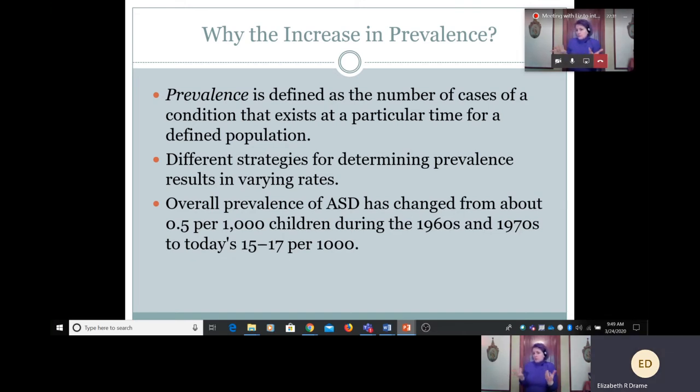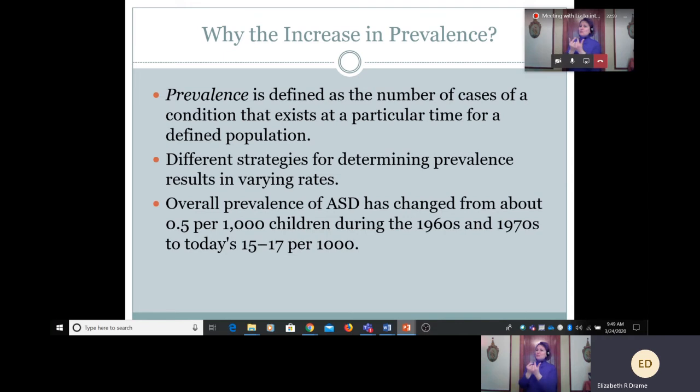We also know that there are systemic inequities in access to diagnosis and treatment. If healthcare access is inconsistent for different racial and cultural groups, then you're going to have a difference in prevalence that's not necessarily accurately estimating prevalence for all groups.